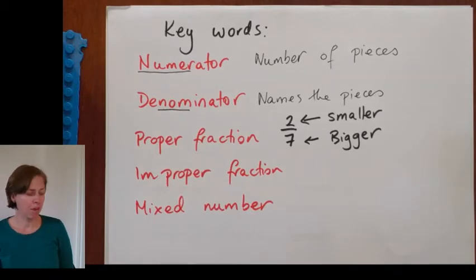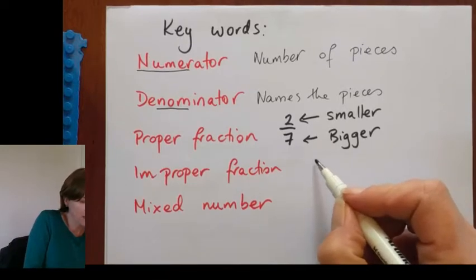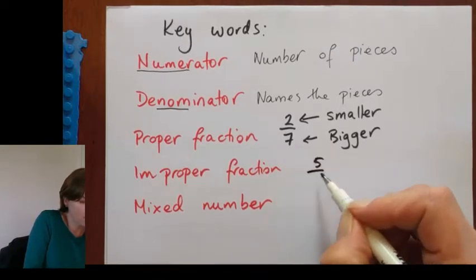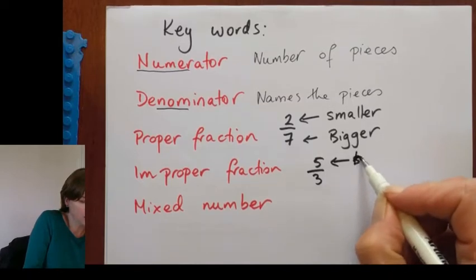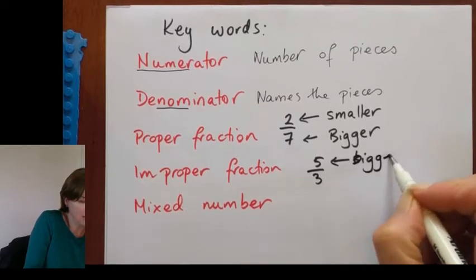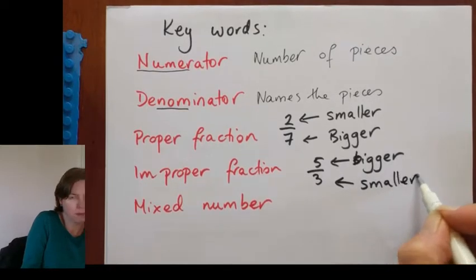An improper fraction, on the other hand, has a numerator that's bigger than the denominator. For example, 5/3. The numerator is the bigger number and the denominator is the smaller number.